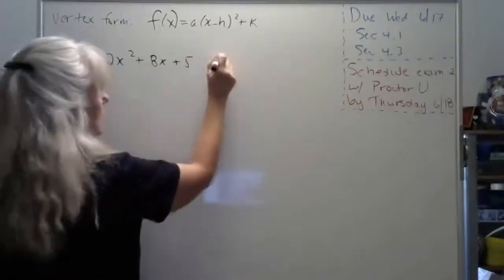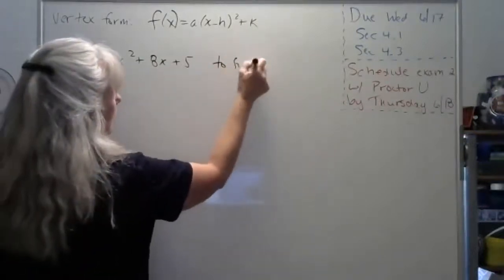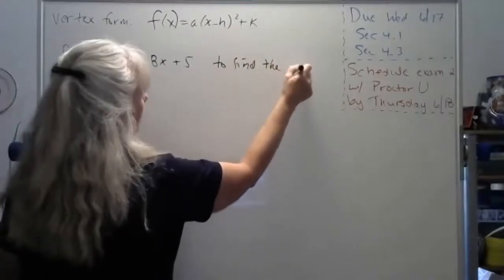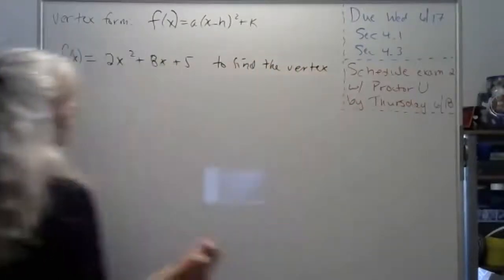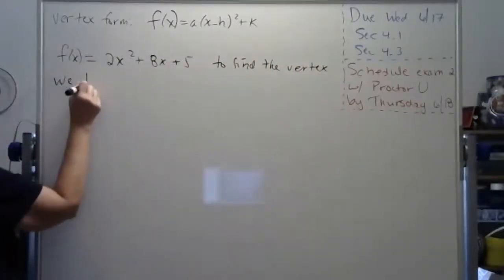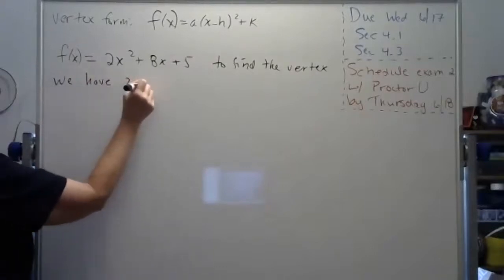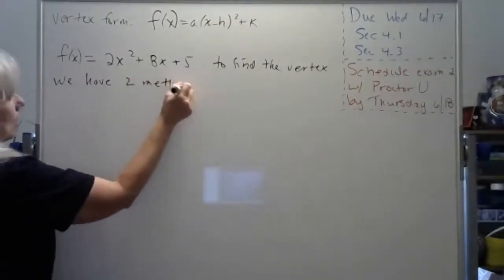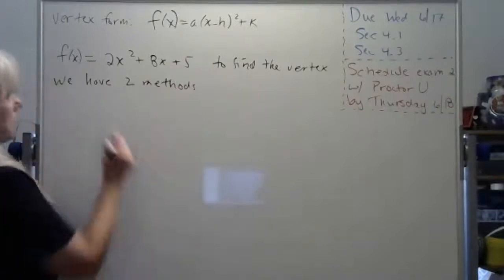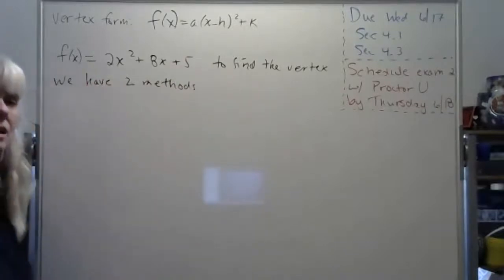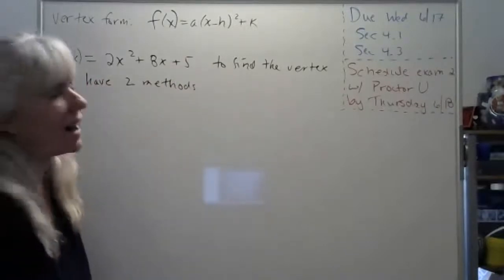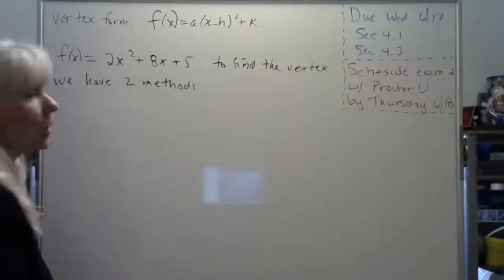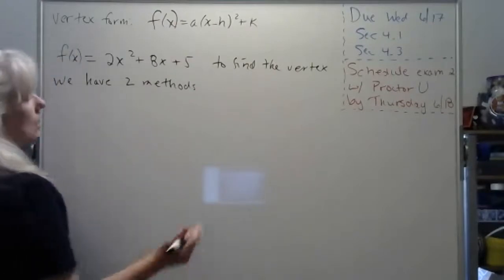So to find the vertex, we have two methods. And because you're doing this online, I'm not even going to really walk through one of them because I don't think you'll use it.